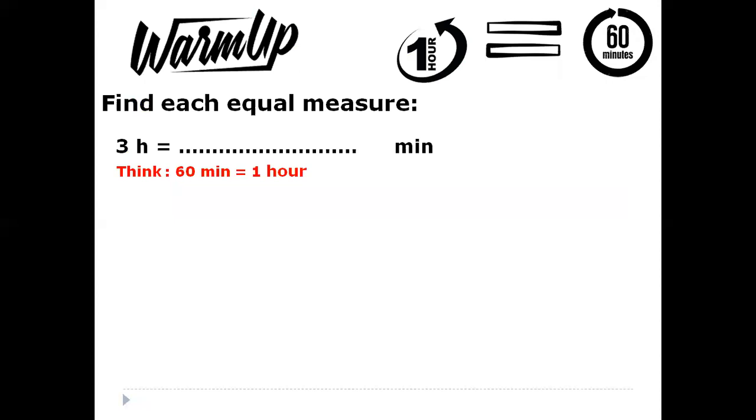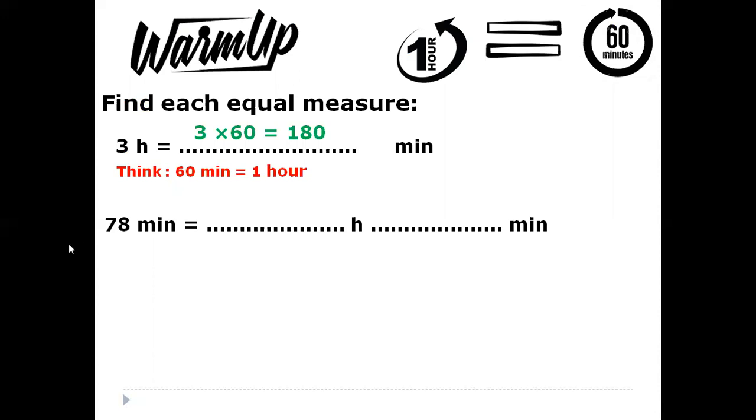We're changing from hours to minutes, large to small. When we change any unit from a larger one to a smaller one, we multiply by 60 because we have 60 minutes. So you multiply 3 times 6, which is 18, and you kick your zero out. So it's 180 minutes.